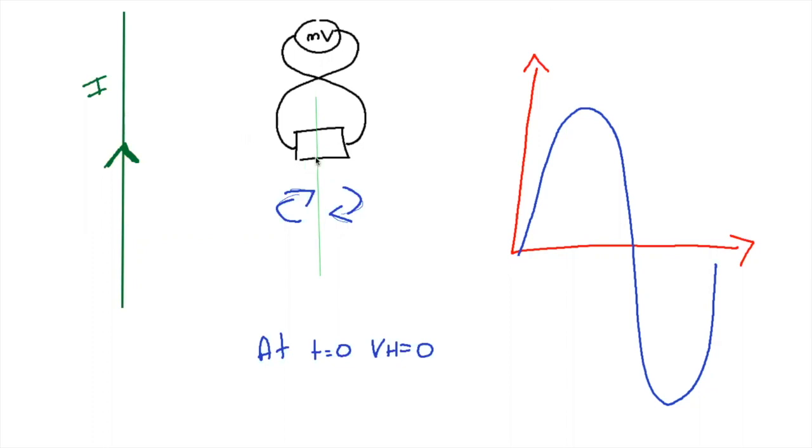When it is parallel, there's obviously not going to be any voltage. This is similar to the force concept: when I showed you that current is flowing in the direction of the magnetic field, there's not going to be a force. Something similar is happening here. For you to have a VH, it should be making a 90-degree angle. So you get a sine curve. And this is a proven fact.